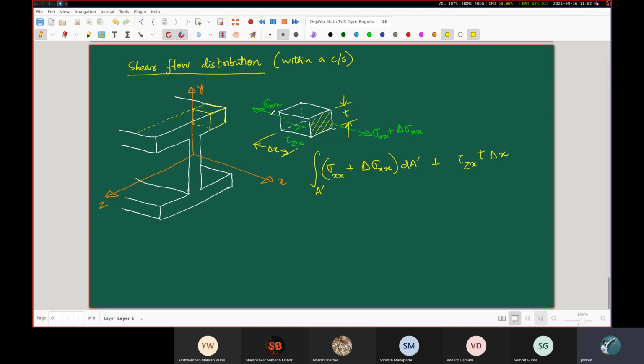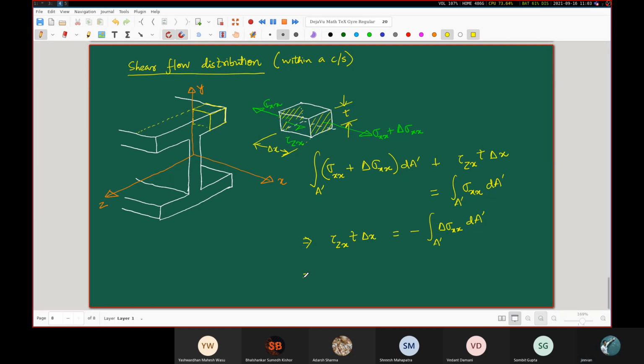The direction of this sigma xx is along the negative x direction, so it will be on the other side. So this is going to be equal to the integration of sigma xx dA dash over the same kind of area, that area. So this is the force balance, which means that our tau zx T delta x is going to be equal to this sigma xx, and this sigma xx cancels. We are going to be left with minus delta sigma xx dA dash.